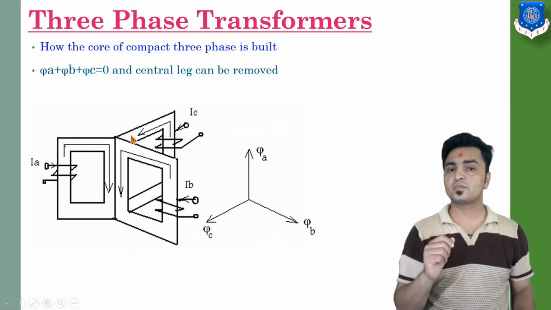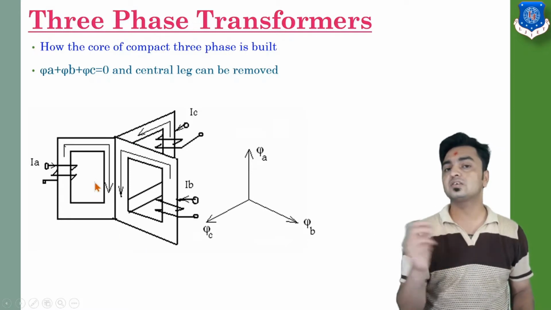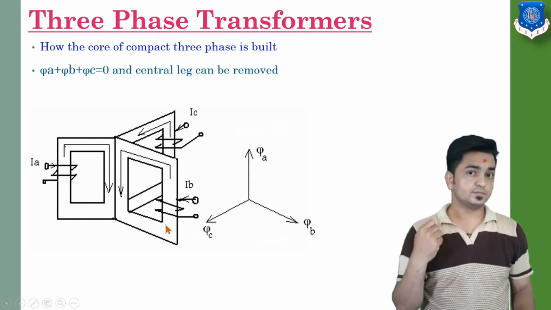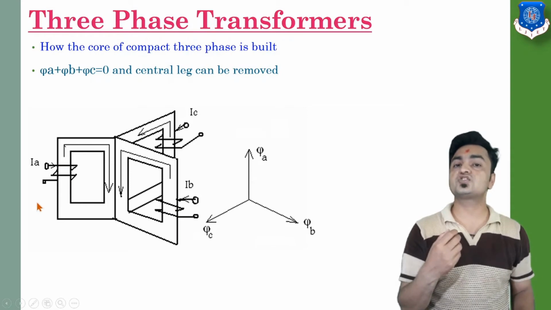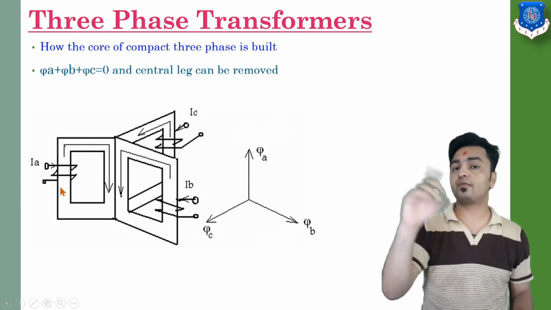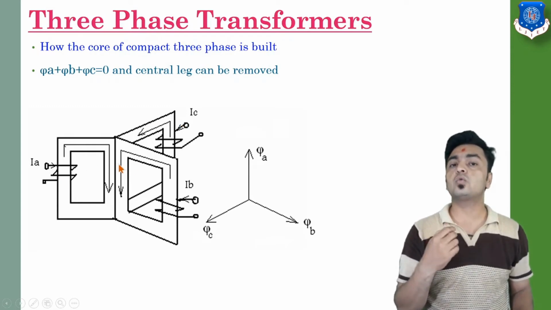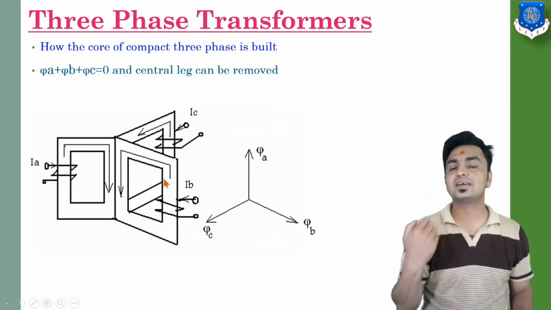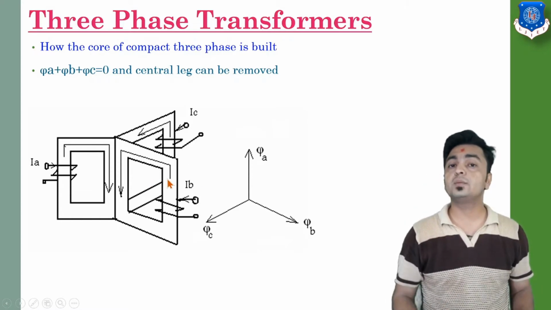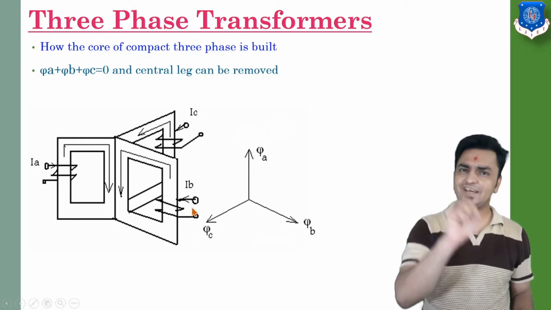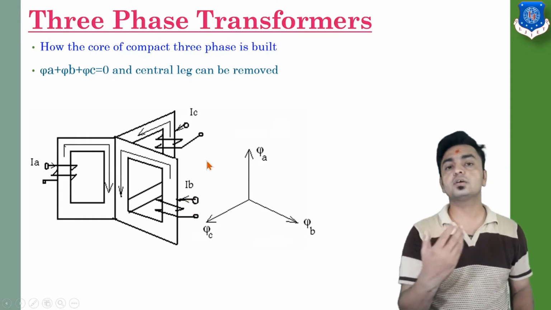Another section is at 120 degrees, and in the same way you can form a third section. On the first section we wind the winding of the first phase, let's say the R phase. On the second section we wind the winding of the second phase, the B phase or maybe Y phase. On the third section we have the third winding, or third phase.